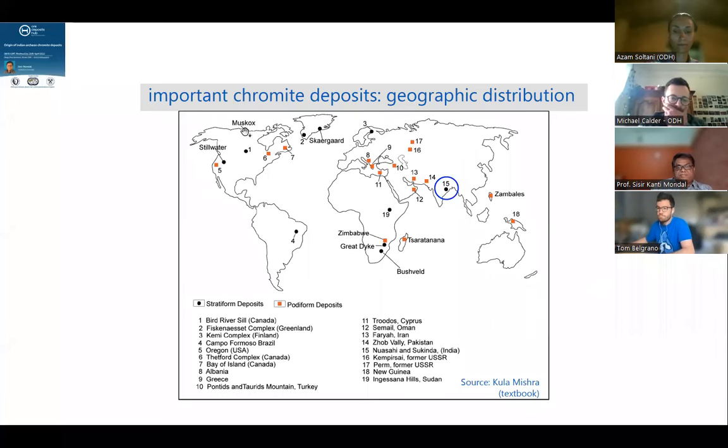We have Muskox layered intrusion in Canada. All are large chromite producing deposits. Then all these ophiolitic hosted chromite deposits, most of them are located within the Alpine Himalayan belt. And Indian chromite deposits are located in the Odisha state, the eastern part of India.